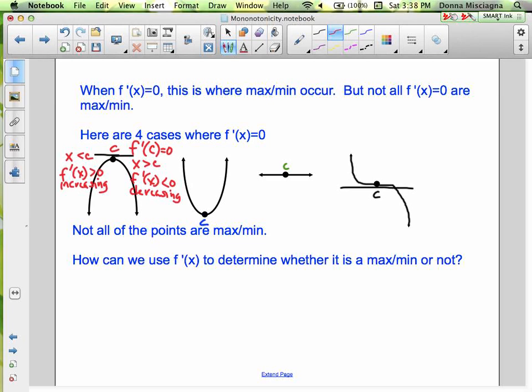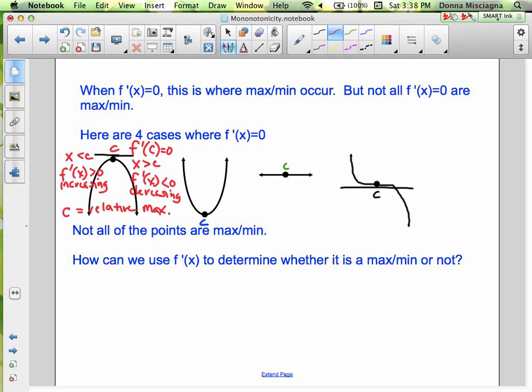We can see on our graph, as well as from the derivative, that here c is a relative minimum. Excuse me, c is a relative maximum. I don't know why I said minimum. Maybe I'm thinking ahead to the next problem. So c is a relative maximum.